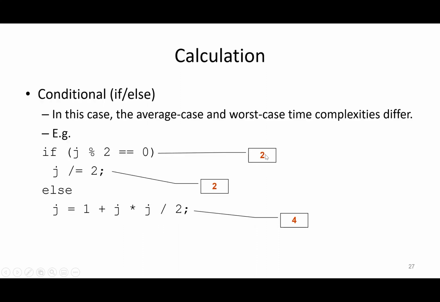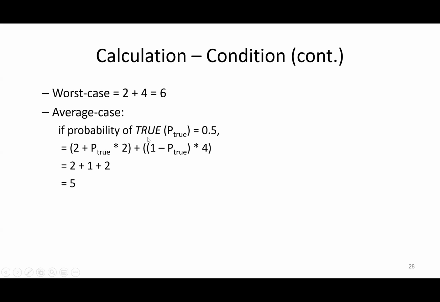Your best case is 2 plus 2, when you encounter the true statement. 2 plus 2 is only 4. How about average? If we know the probability of getting true and false, assume that here the probability of getting true and false is 0.5 each. So my average case, I can calculate 2 plus p true, the probability of true, here 0.5, multiplied by 2.